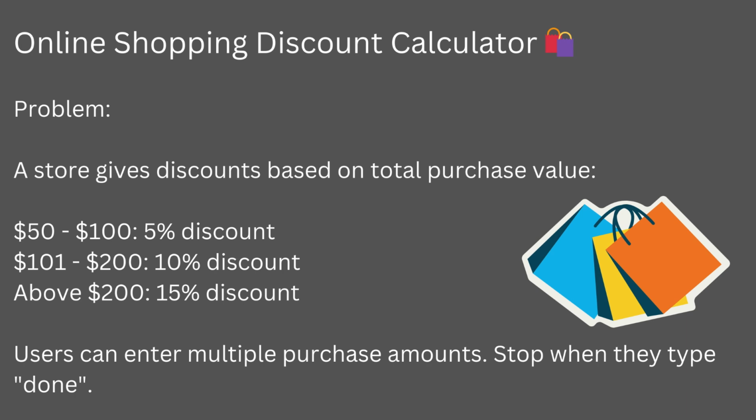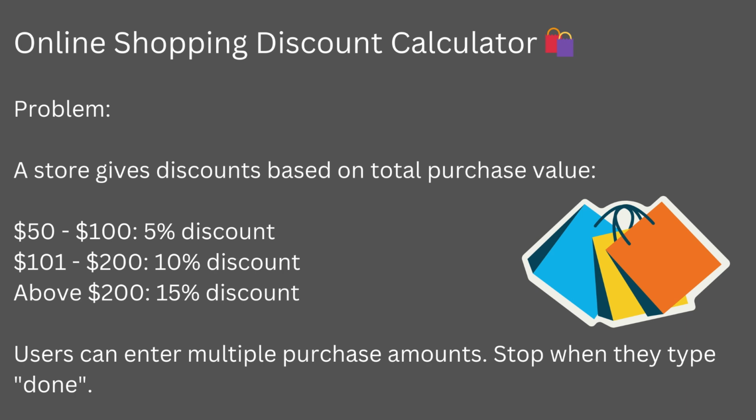So if it is between 50 and $100, 5% discount is applied. If the total purchase value is between 101 and 200, 10% discount is applied. And if it is above $200, then we apply 15% discount. So I hope you have understood the problem. Now please stop the video and try solving this problem by yourself.